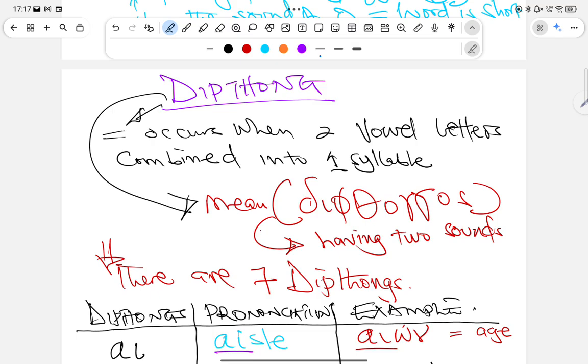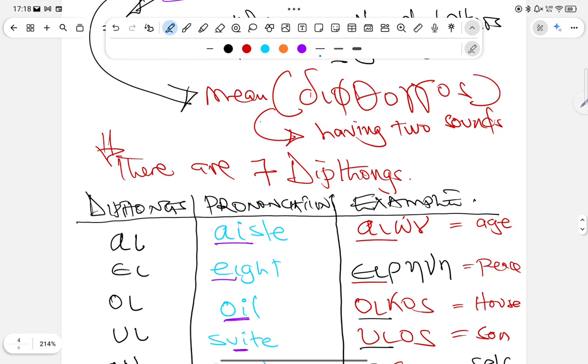Remember, each of the vowel letters has its own unique sound, and so when those two letters are put together into one syllable, the sound of both letters is going to come out. Diphthong comes from the Greek word diphthongos, which means to have two sounds. And we say there are 7 diphthongs, and we covered them.